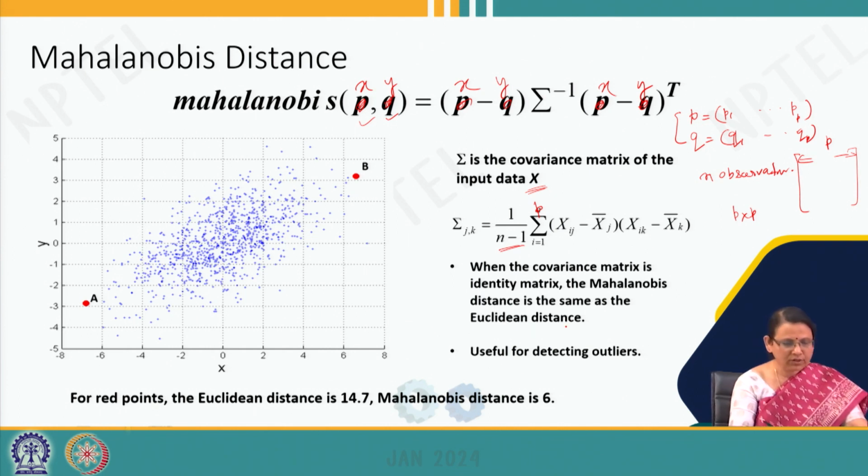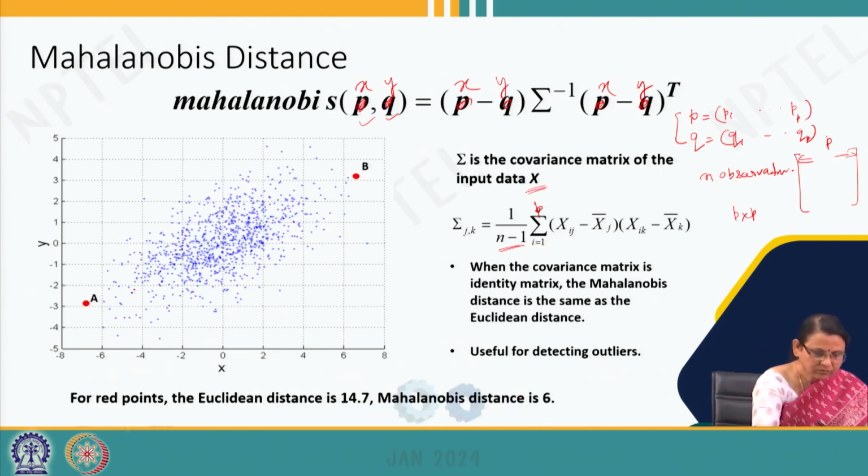Now, if we look at the points A and B, the Euclidean distance between these 2 points is 14.7, whereas the Mahalanobis distance is 6. Why so? If we look at this, as I told you in the last slide, this data shows positive correlation among the data points in these 2 dimensions.